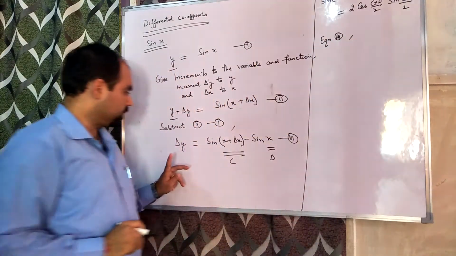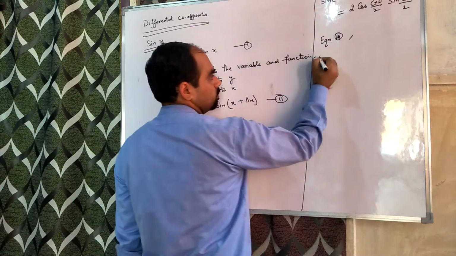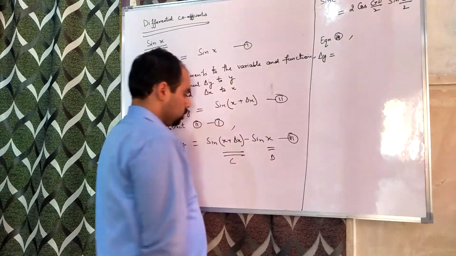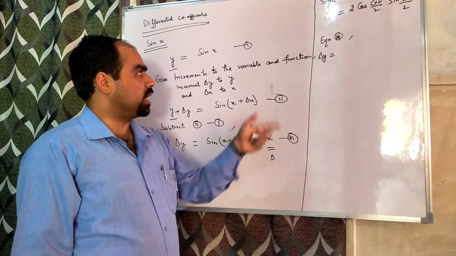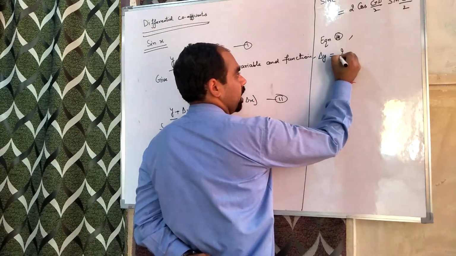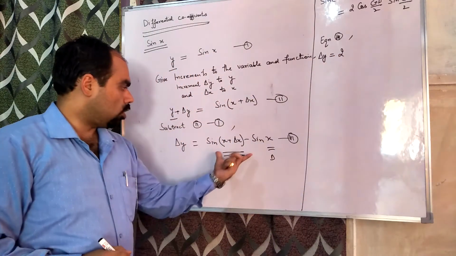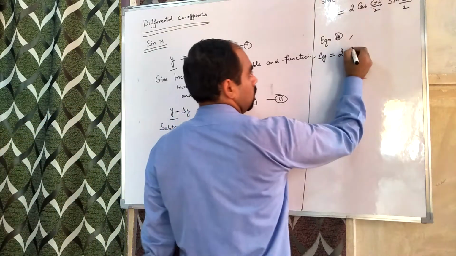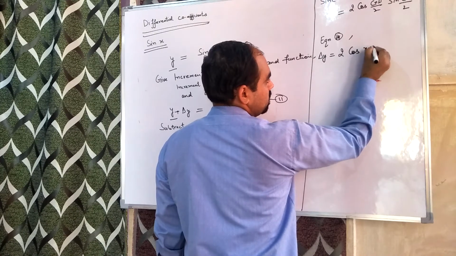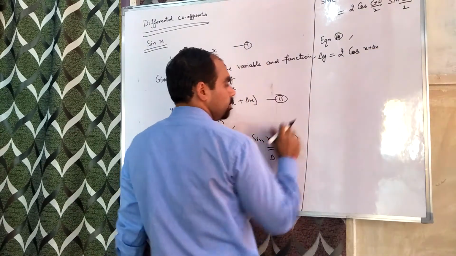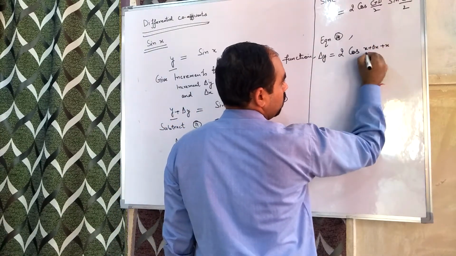So in equation third, क्या बन जाएगी? Delta y is equal to sine c minus sine d. So it is 2 times cos of the sum of these two arguments. Cos c कौन है यहाँ पे? x plus delta x, और d कौन है? x.